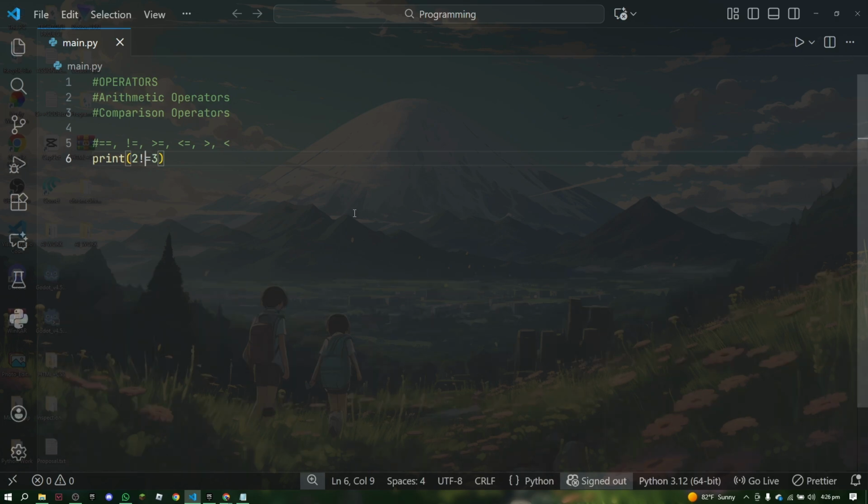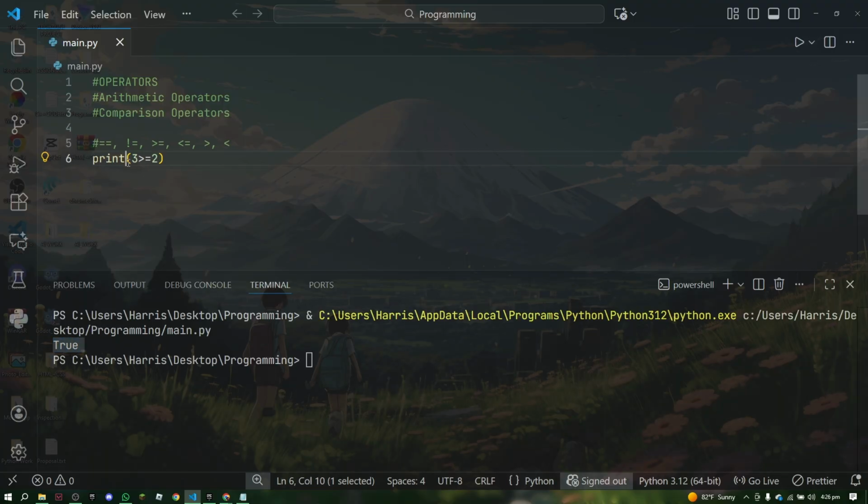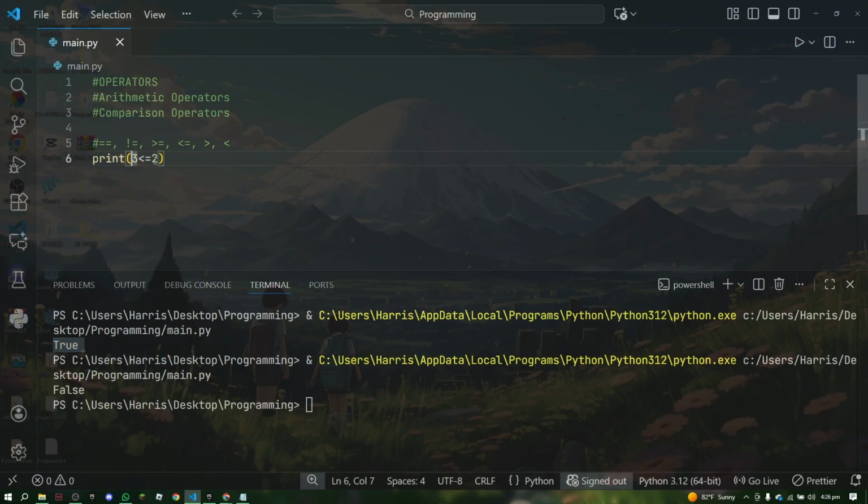Now, let's move on to greater than or equal to. This one makes sure that the value on the left is bigger than or equal to the one on the right. If we test this out, obviously, it's going to say true because 3 is bigger than 2. And if we do this, which is less than or equal to, it's going to say false because 3 is obviously not smaller than 2.